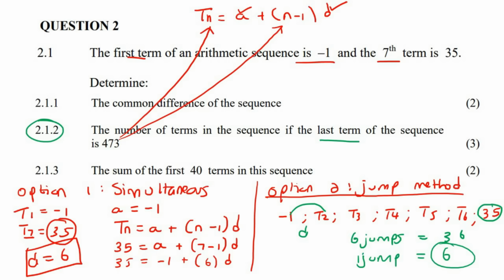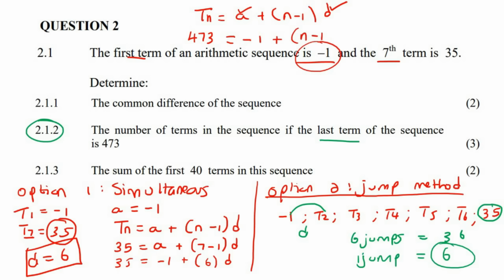Well, that is a number in the term, so that's going to go here. So it's going to be 473, and then a is a constant, which is negative 1. N we don't know, and then the common difference we worked out in the previous question as 6.